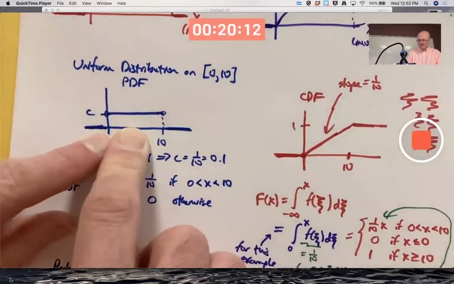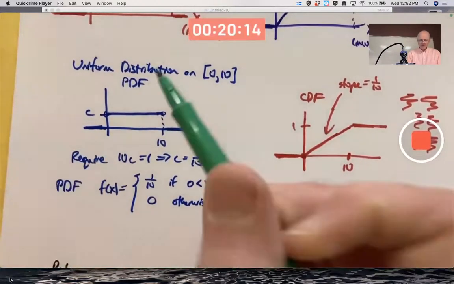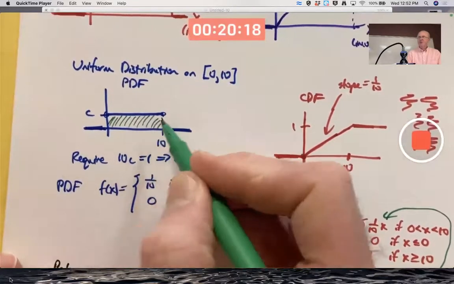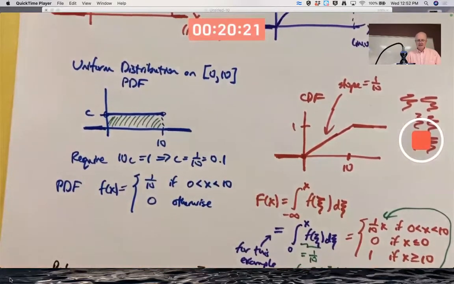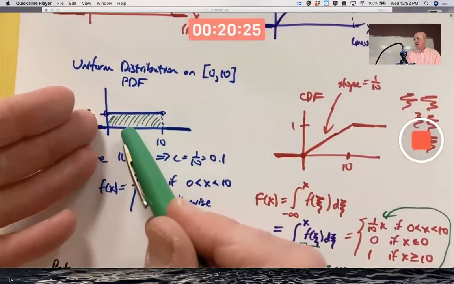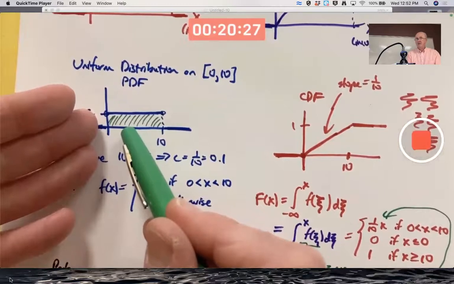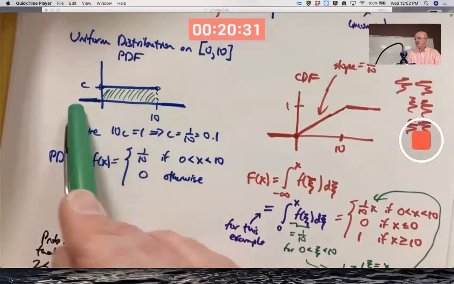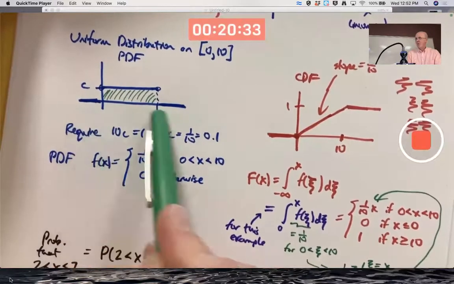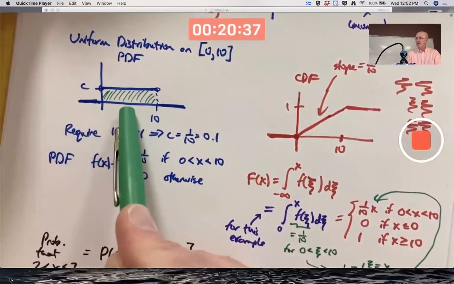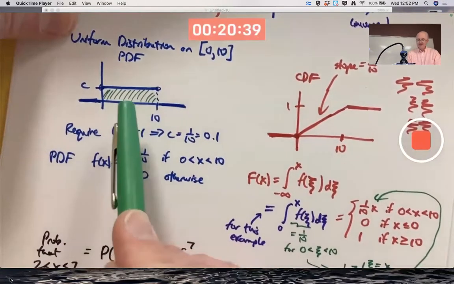If you imagined the region under this graph to be a thin sheet of metal or something that was uniform in its density, its center of mass would be in the middle, 5. It's where it would balance if the x-axis were a seesaw, or teeter-totter if you prefer. Where to put the fulcrum to make it balance? Put it at the center of mass, 5.